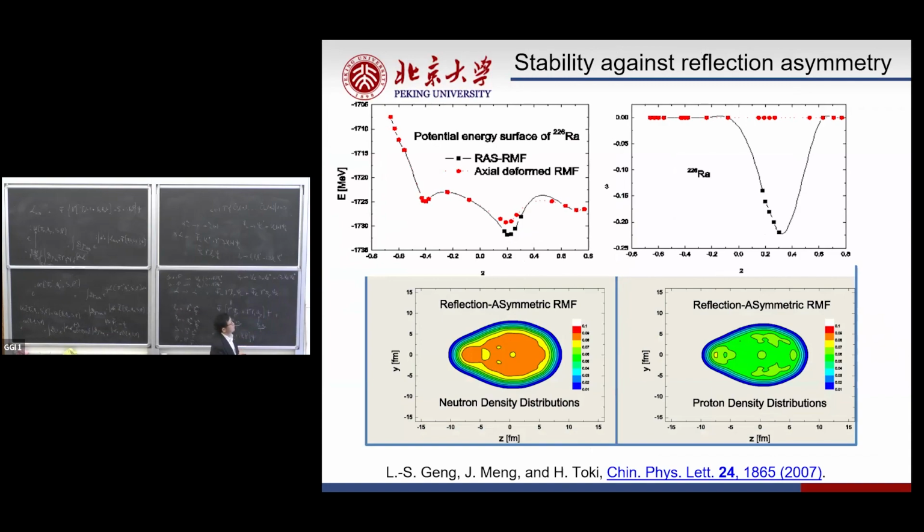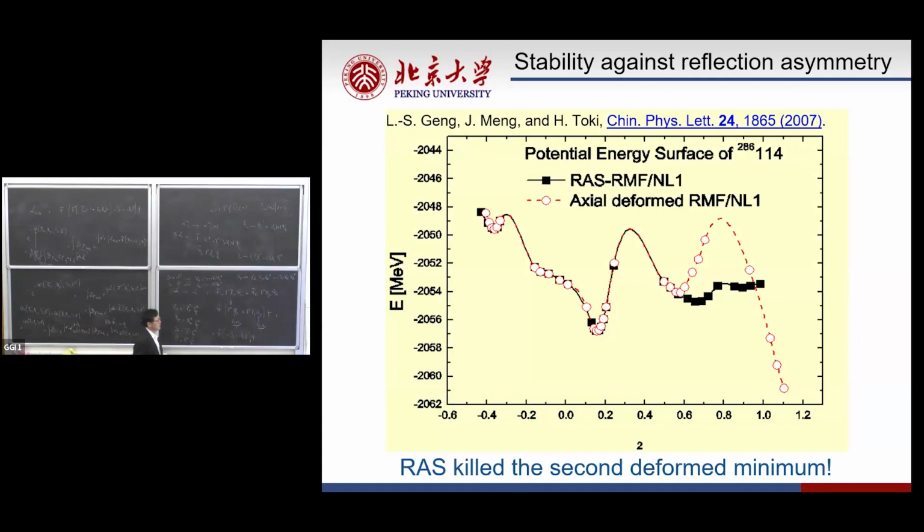If you take into account, for example, the reflection asymmetry, in order to do that, we must develop a code which allows the reflection symmetry to be broken. We are very fortunate. For example, we found in such a case, the ground state exists, but the second minimum almost disappears.